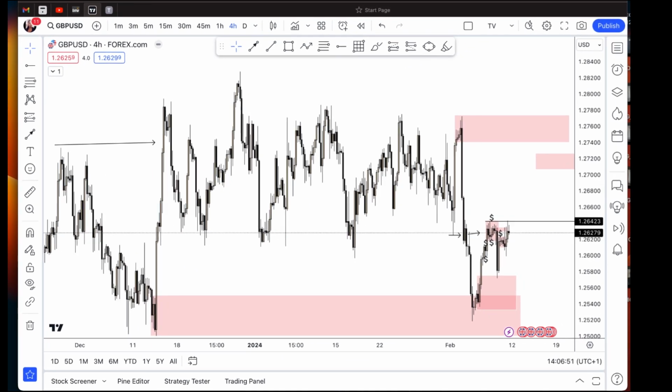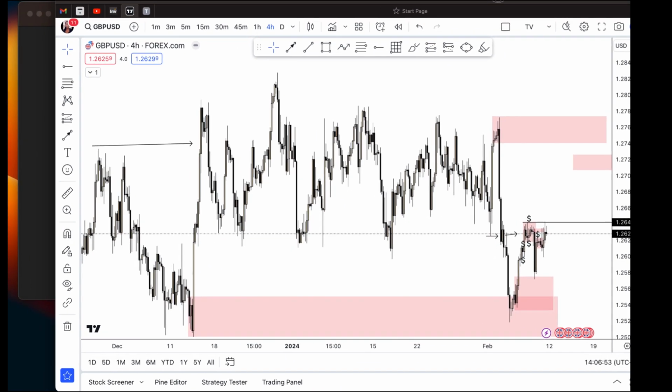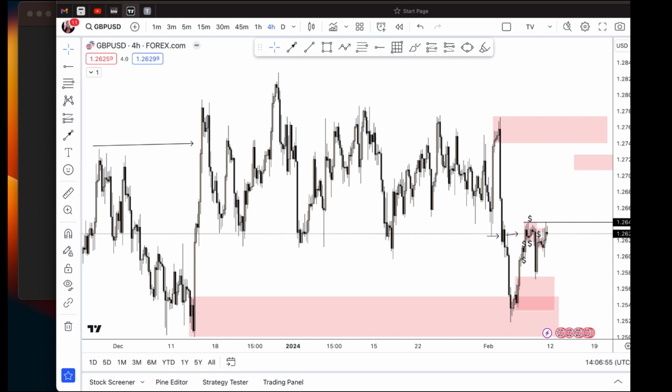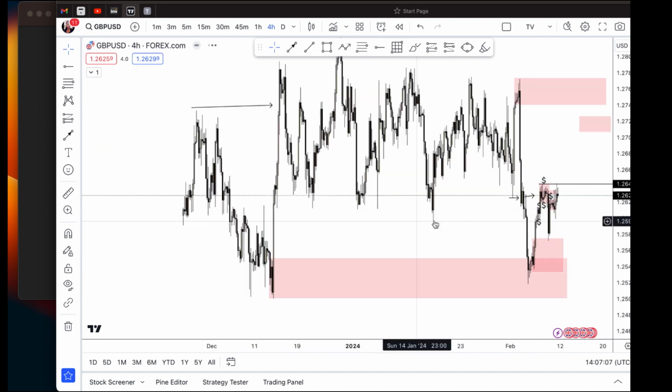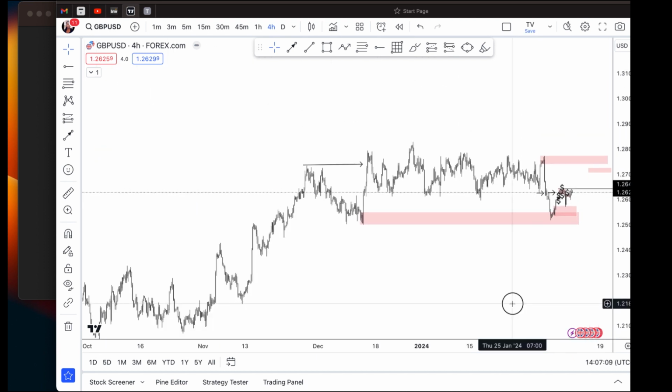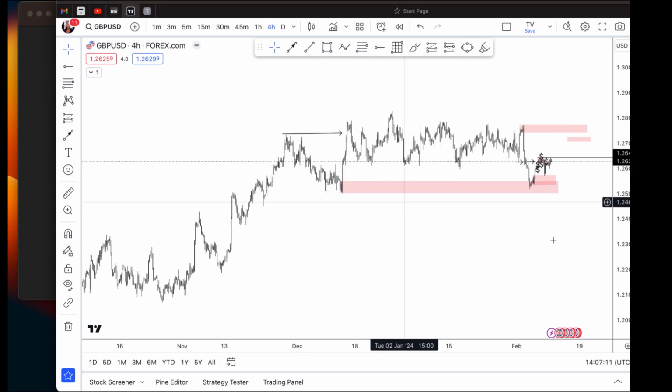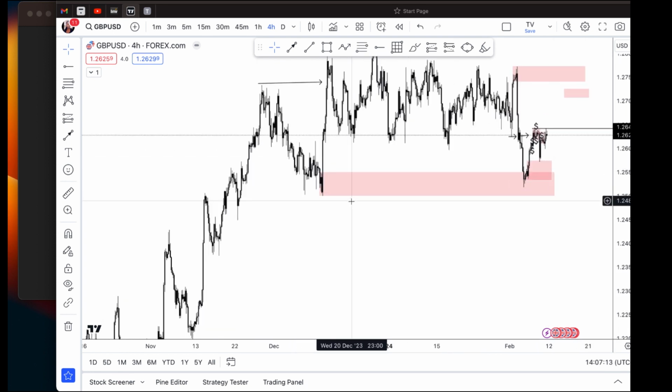But another thing to note is whether you are taking zones that are far away from price. At this particular point in time, let's go back to this GU.